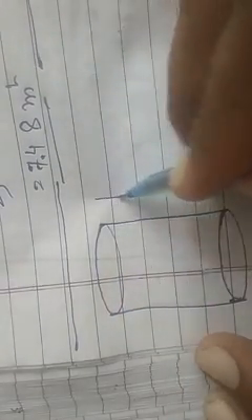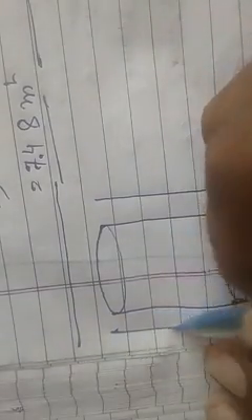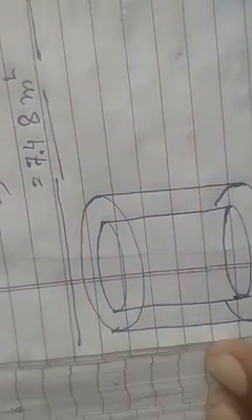Now let us see, this one is a cylindrical tank given, and thickness we can take here. This one is cylindrical. First of all the inner diameter is given 4 centimeter.